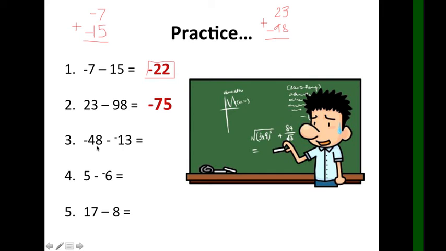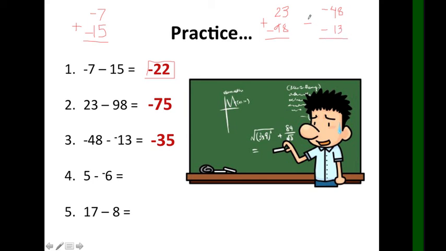Now, we have another one: negative 48 minus negative 13. And the answer is negative 35. So, paano nangyari negative 35? Again, we have negative 48, then minus negative 13. First rule, keep the first number.